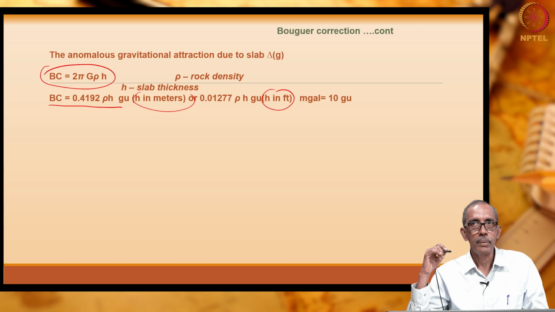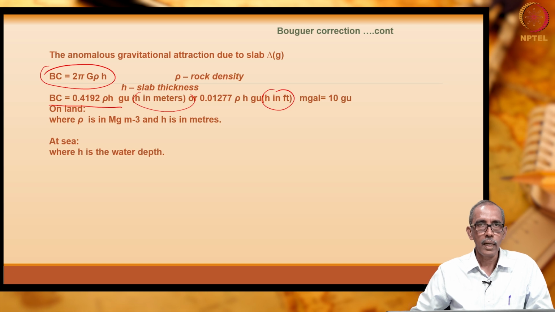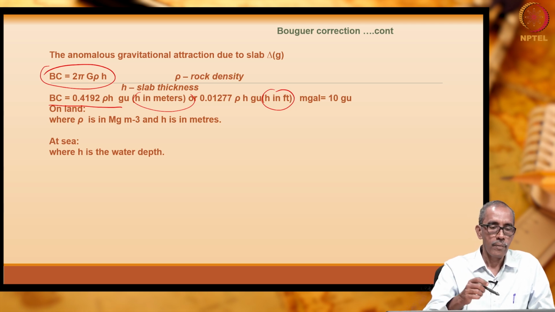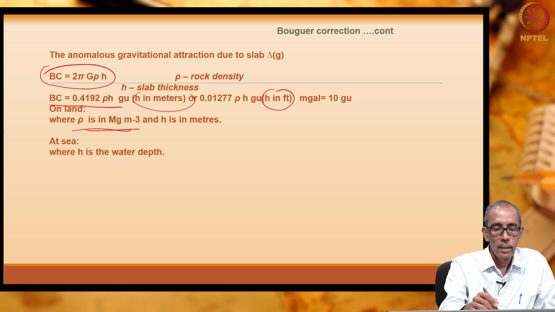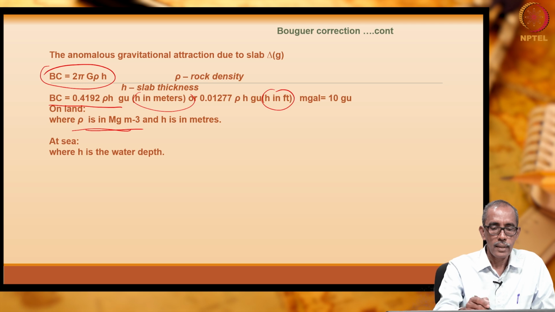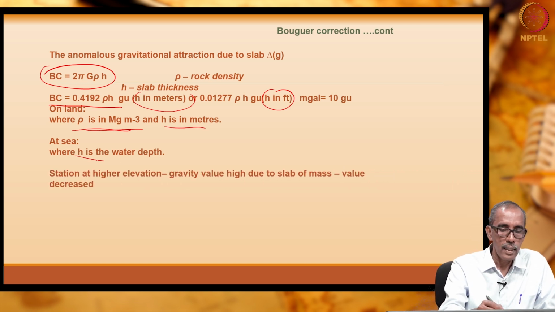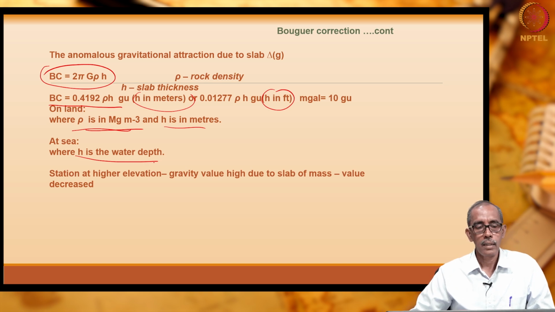This correction was suggested by Bouguer, and it accounts for the impact of the additional slab of rock. On land, the Bouguer correction uses density in mg per meter cube and h in meters, whereas at sea h is the depth of water.